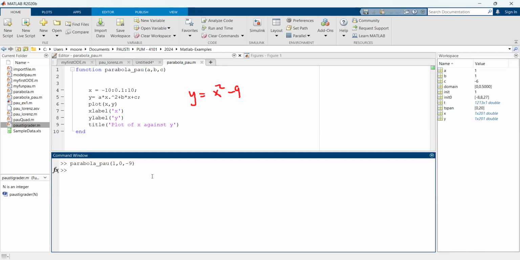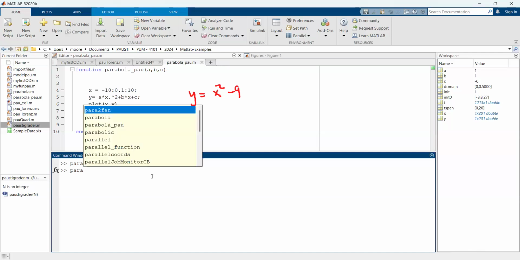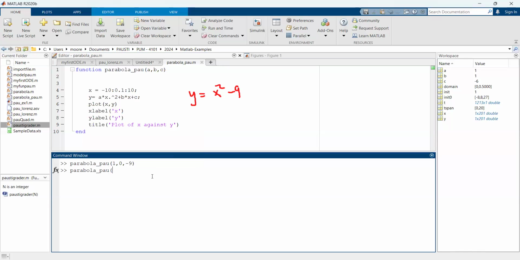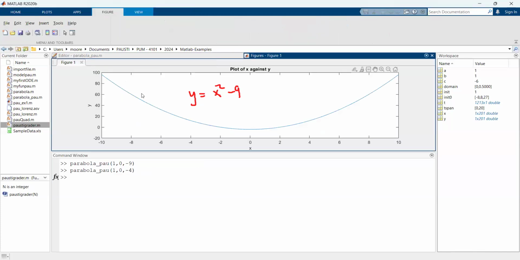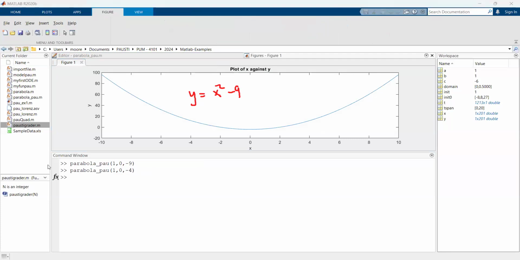So in that case, if we come here again and we do parabola power, and now we do 1, 0, minus 4, we can see the plot again. We see now nothing fancy, just simple plots, right? So that is what we mean by functions. But it's not the only function that you can do.